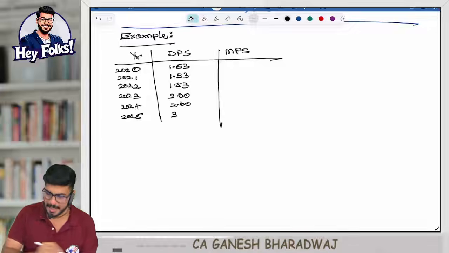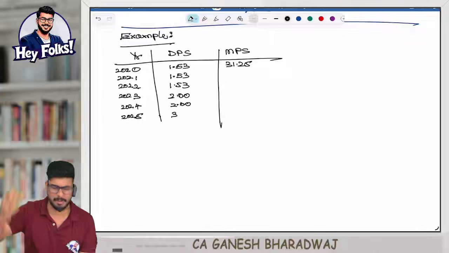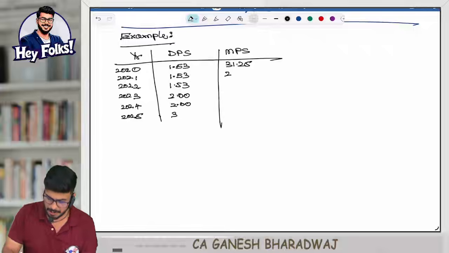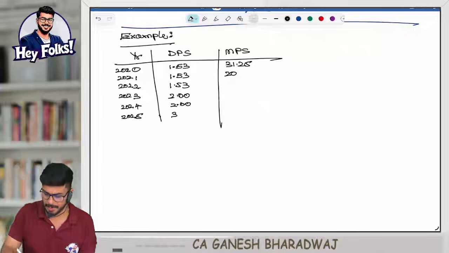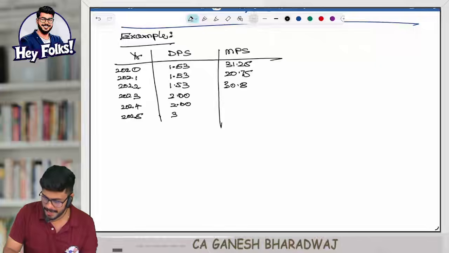Then market price per share, MPS. Take this. It's 31.25. I took it from a very old source, long back. Earlier it was there in the study material. I don't know why they removed it. Anyways, 20.75, 30.88, 67, 100, and 154.